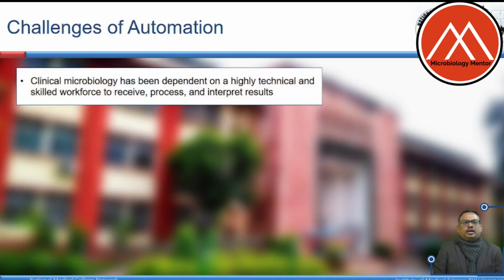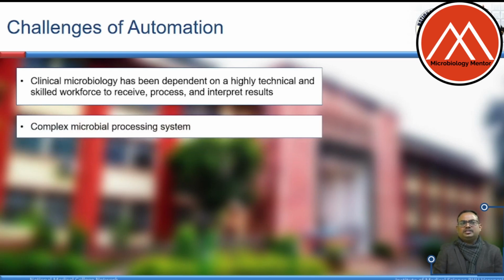So, clinical microbiology laboratory faces many challenges, and these challenges are also to be faced by the automated laboratories. So, let's see what are the challenges of automation. Clinical microbiology laboratory, since its inception, has been dependent on highly technical and skilled workforce to receive, process, and interpret the result.